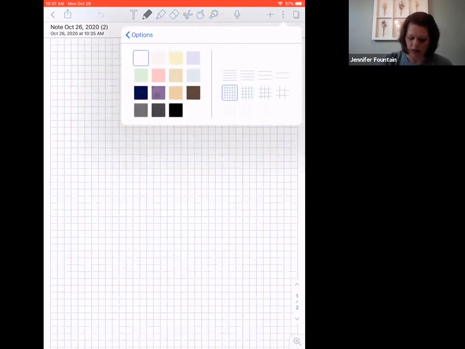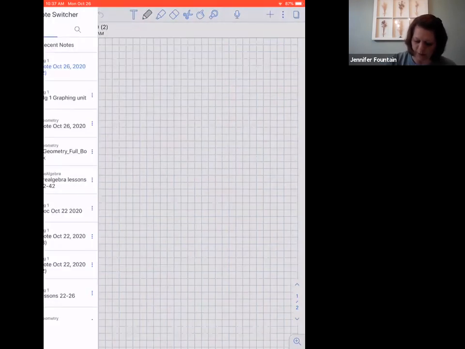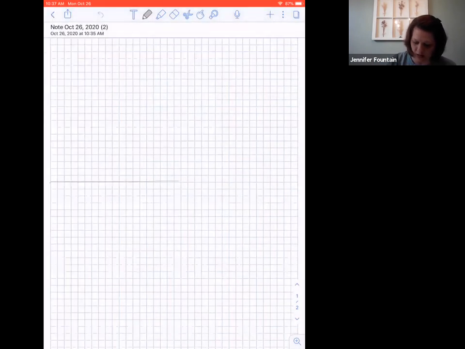Okay. That'll work. So I'm going to make a light gray line to show like if I had folded my paper in half to show my 4 different sections. Okay, so we'll pretend like that's my paper folded in half.